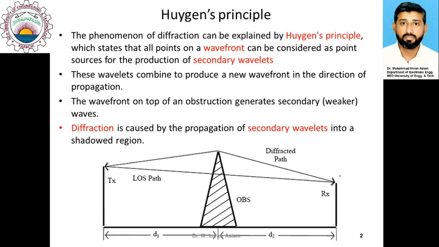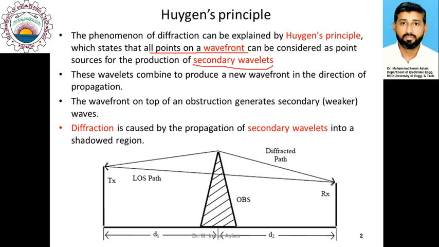So how can we explain the diffraction phenomena? Our common explanation of this diffraction phenomena is through the Huygens principle. Huygens principle states that all points on a wavefront of a wave can be considered as point sources for producing secondary waves.